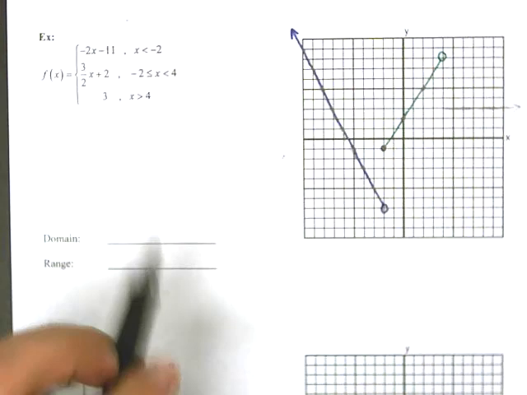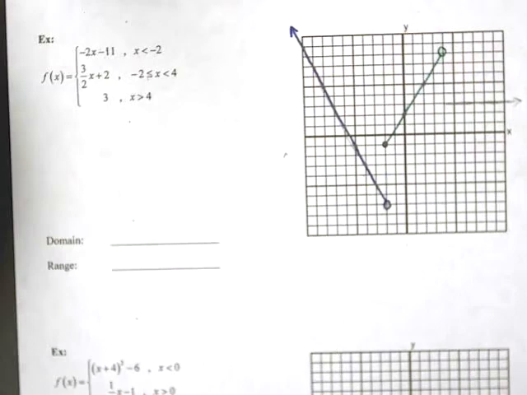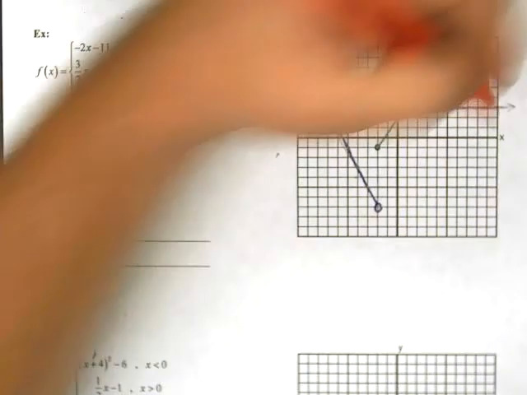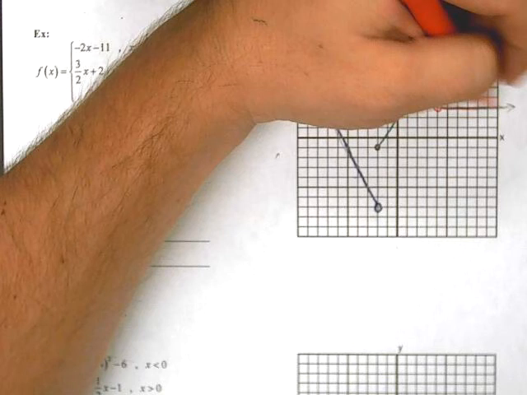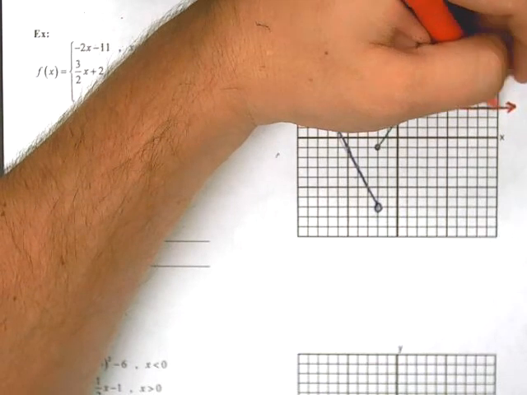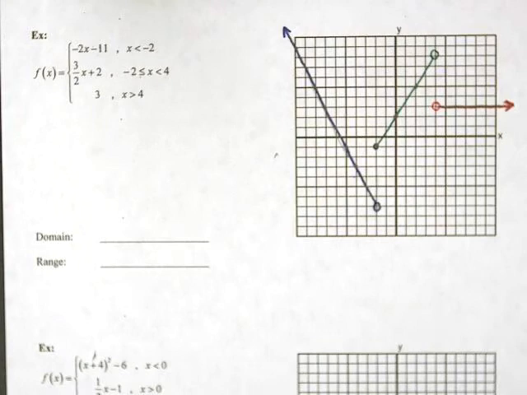And we have to decide now, is it occurring when x is 4? No. So that means I need an open circle and then extend my line to the right. Alright? Perfect. Beautiful graph.